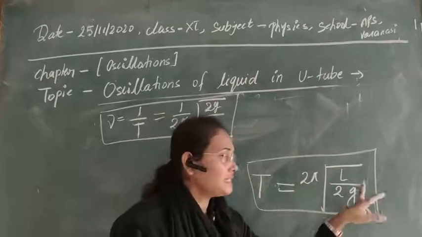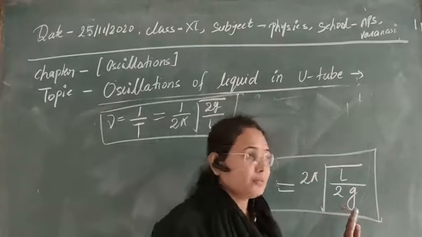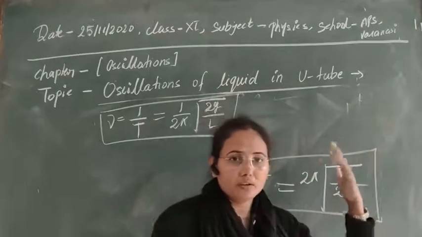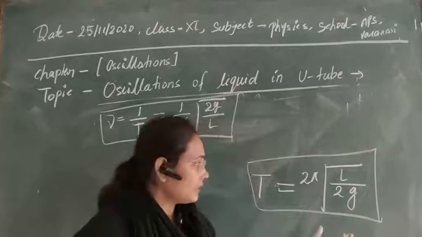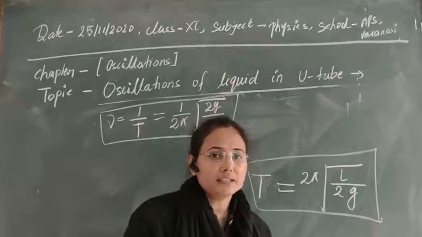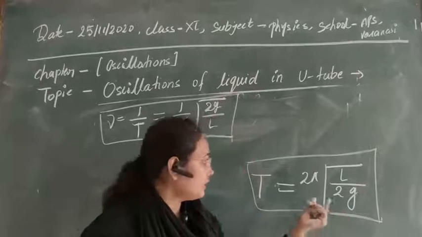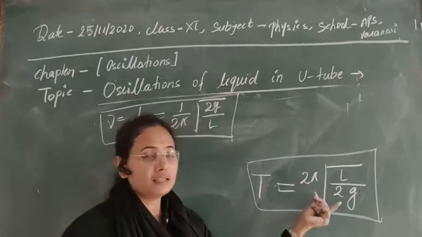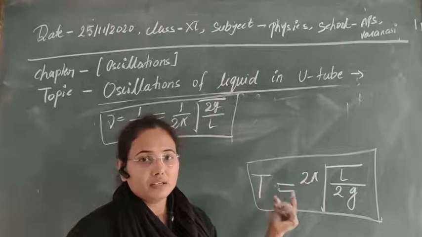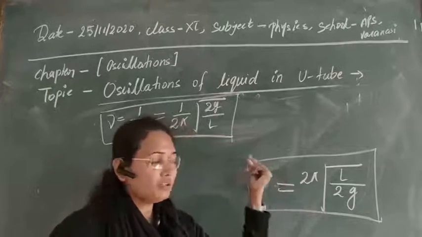And now if g is changing, suppose we are going to a hill or going into mines, then you know that the value of g decreases. Due to the decrease in g, because of the inverse relation, the time period will increase.